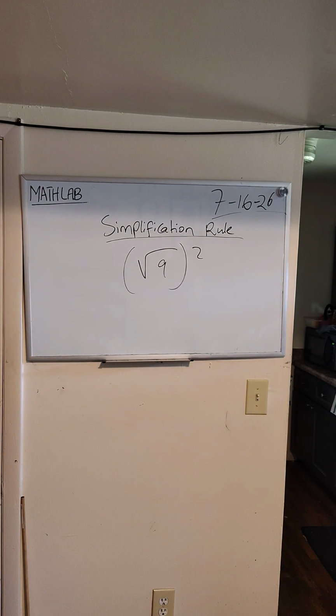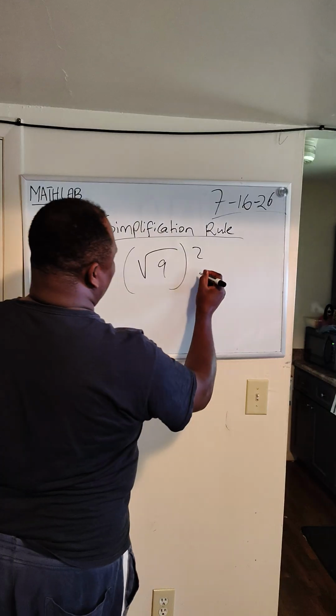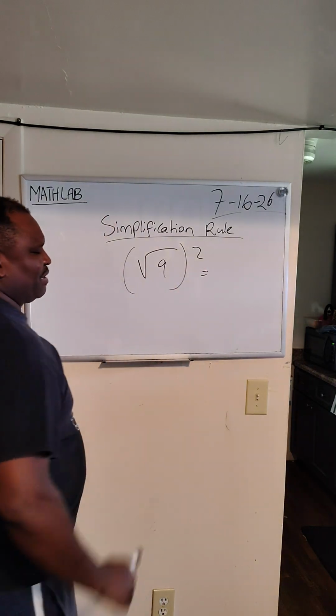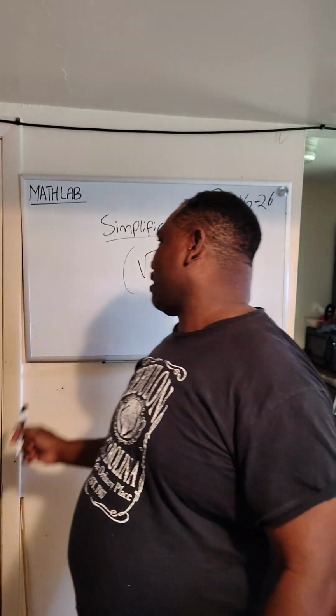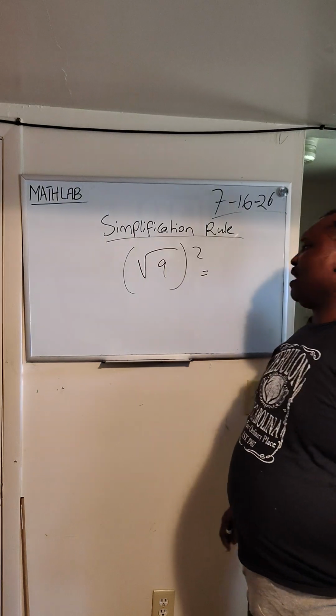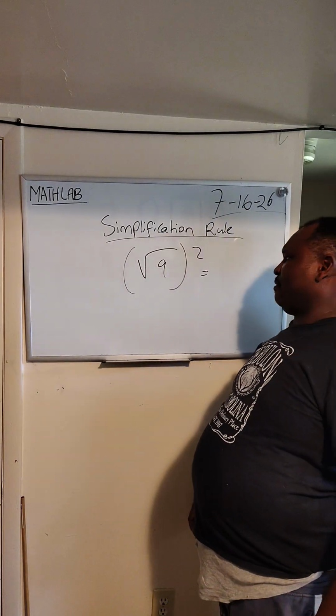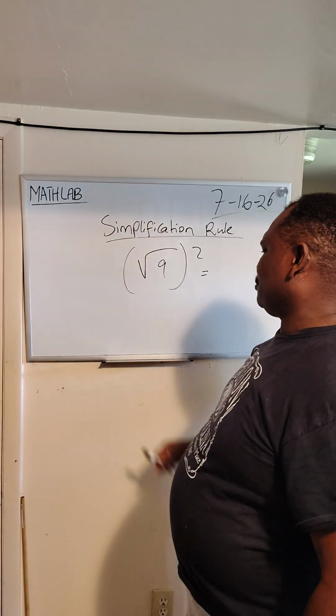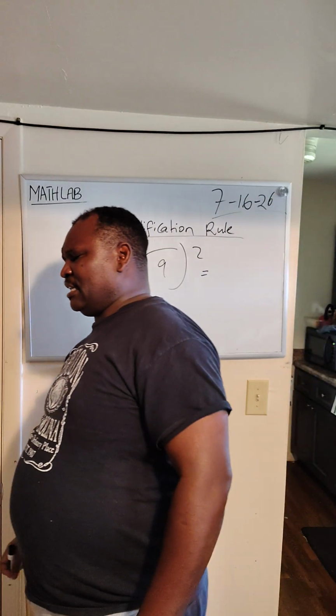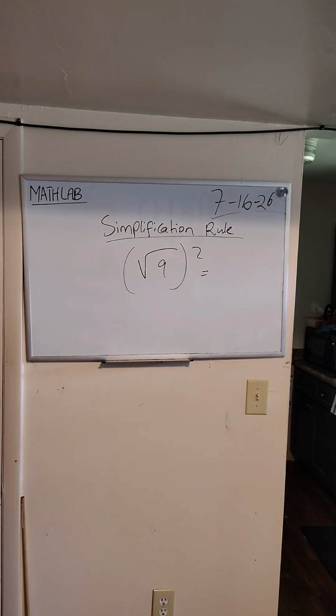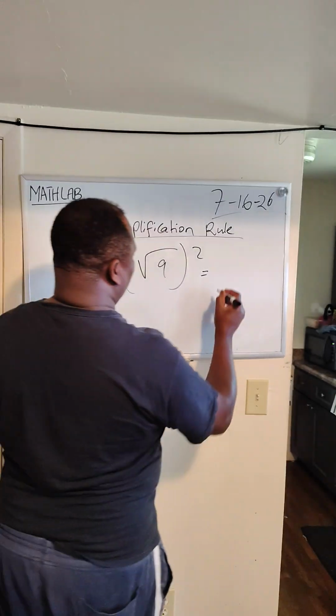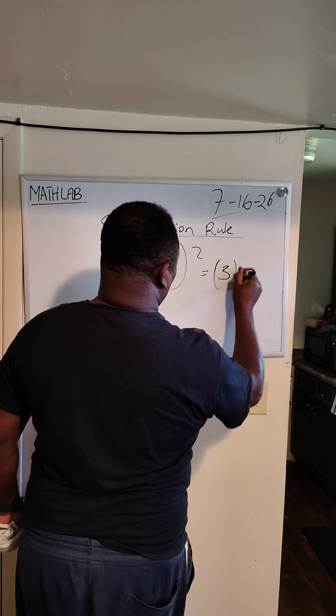This is a bit different, because now we have to simplify it further. 9 is not divisible by 2, so we have to look to the next number after 2. The next number after 2 would be 3.